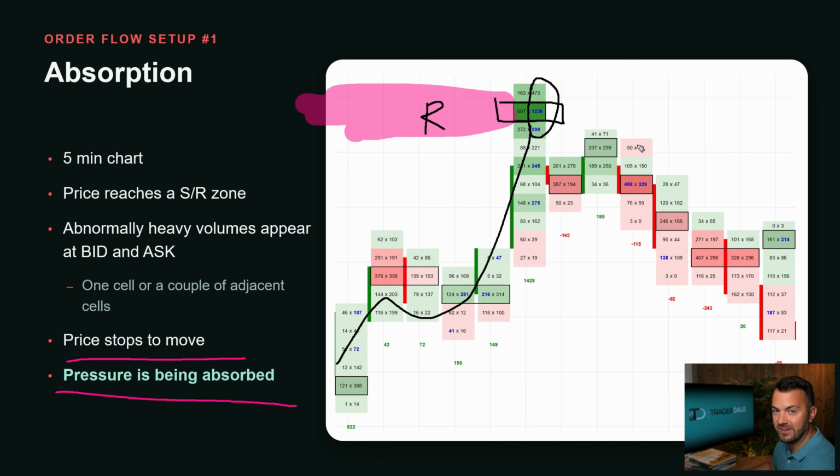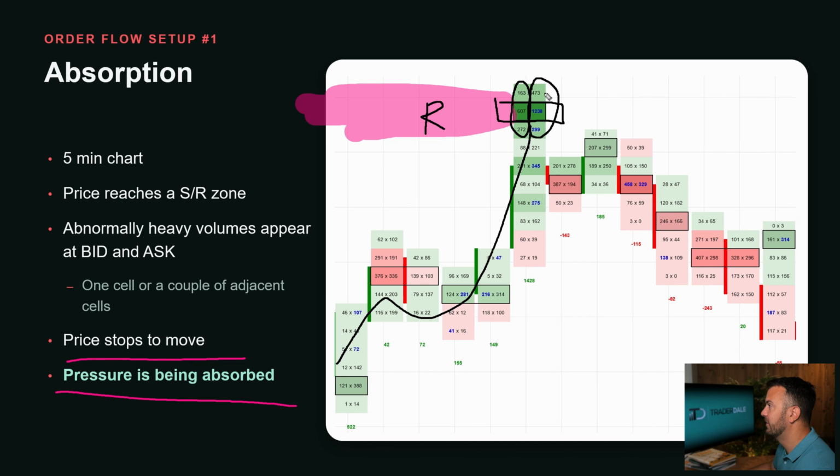But at the same time, sellers started to sell because the price reached resistance. So sellers are selling and buyers are buying, the price stops, and heavy volumes are being accumulated there. That's why we see heavy volumes both at bid and ask, because there are buyers as well as sellers there.